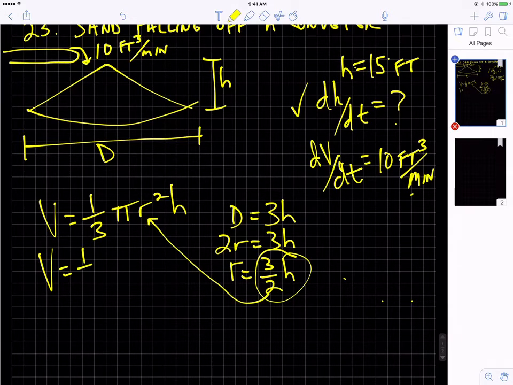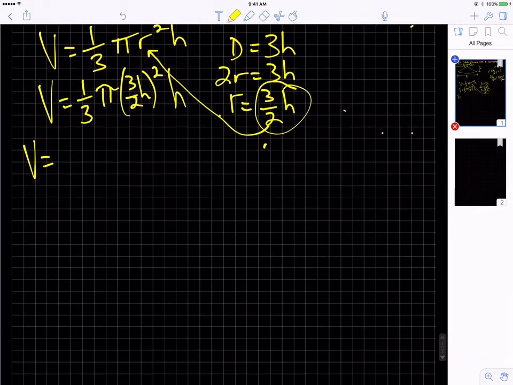So I've got 1/3 pi times 3/2 h squared times h. I substituted in for r, and now I want to simplify this before I differentiate.